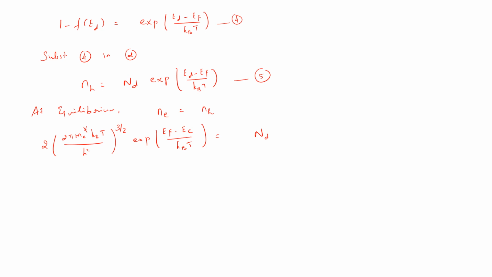Look at the fifth equation, that is NH, exponential ED minus EF by KBT. Now simplification only. From here it is simplification.